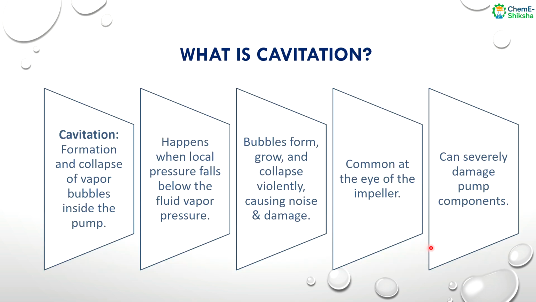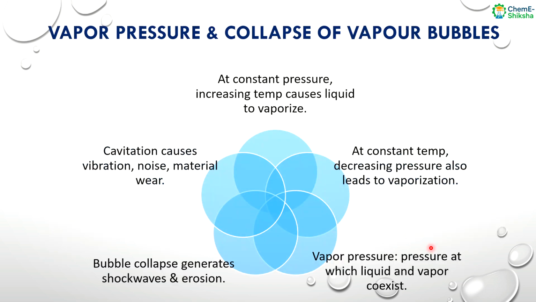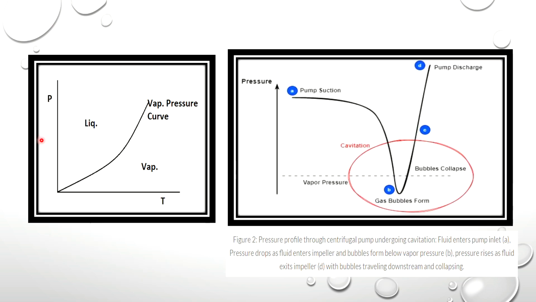Now the next phenomenon is cavitation. Before moving towards cavitation, we have to understand this graph. This is the pressure versus temperature curve, the vapor pressure curve. At constant pressure, if we increase the temperature, we will move from the liquid region to the vapor region.